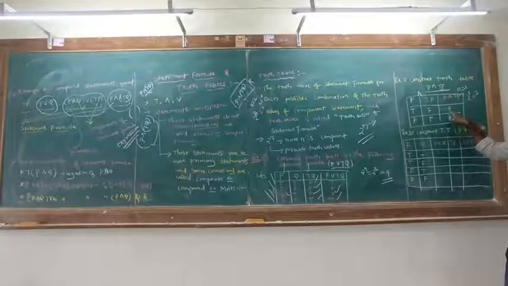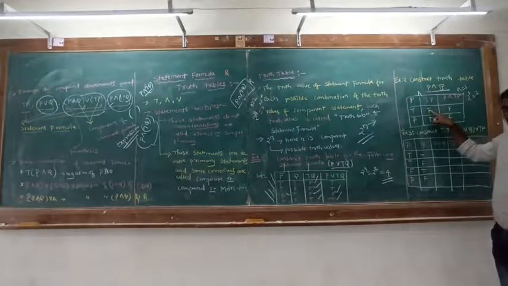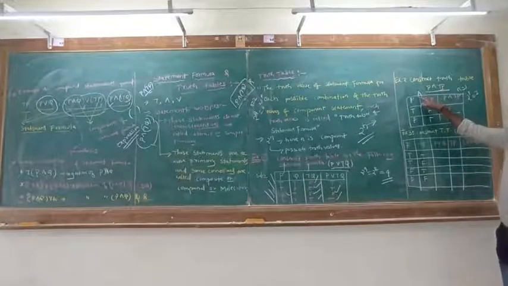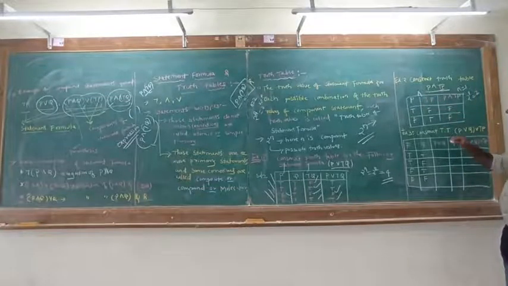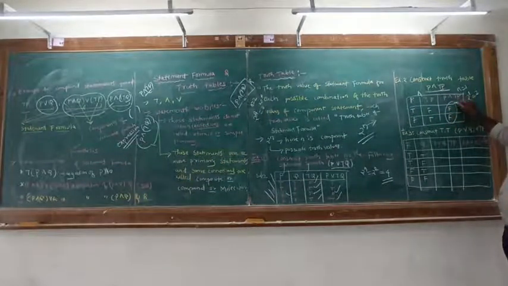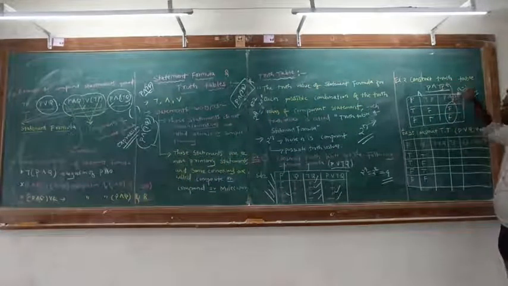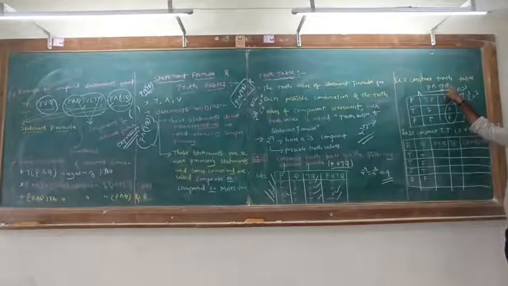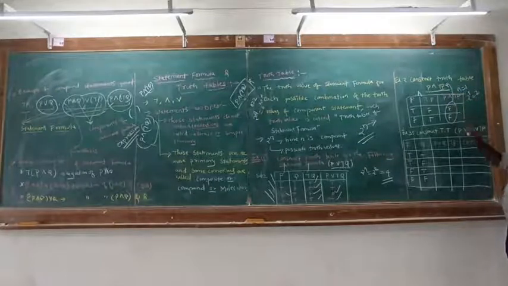That is the AND operation. Whenever both are true, that time only true. In all other cases false only, in the conjunction or AND operation. Okay. So false, true, false. So these are the truth values of this statement formula. Okay. P conjunction negation P. These truth values are false.